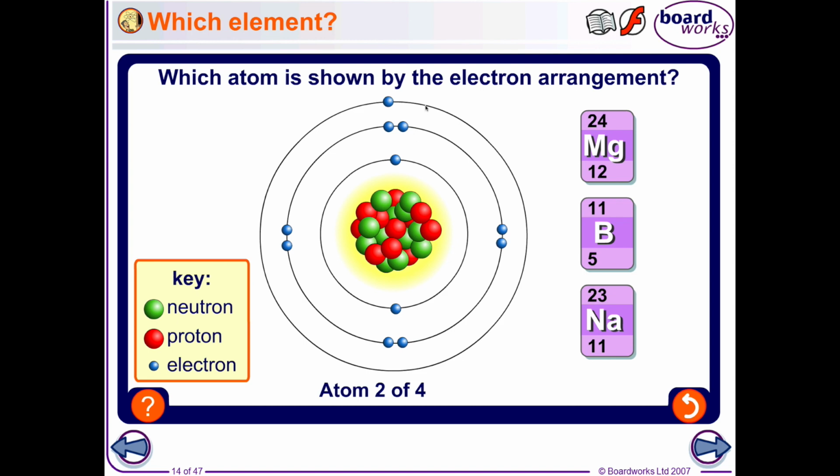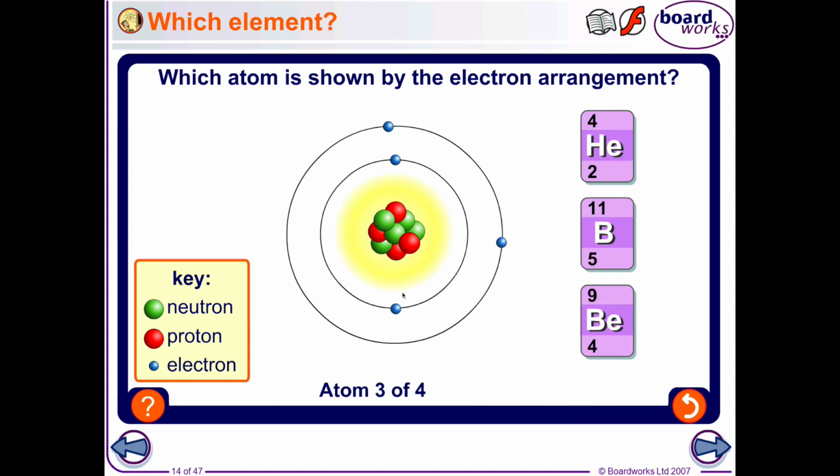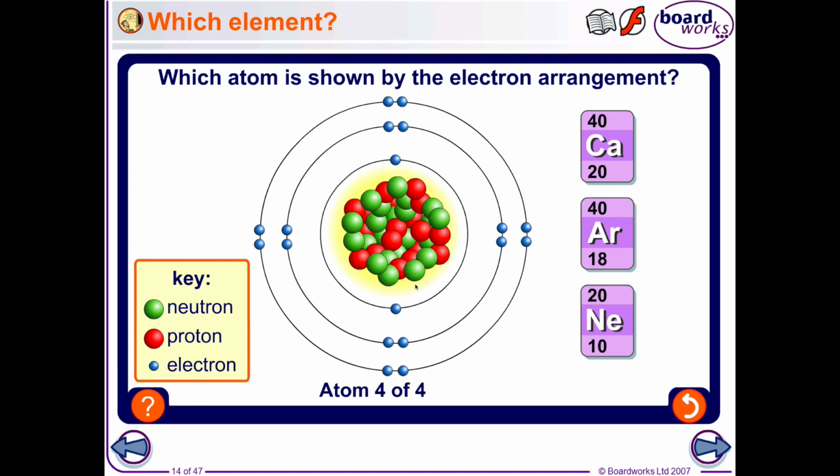And because of that, it's a total of 11 electrons, therefore it must be sodium. And then this one, 2 in the first and 2 in the second, must be beryllium, that gives me a total of 4. And then if we look at the final one, 2 in the first, then 8, then a further 8, all added together gives me 18 electrons, therefore it must be argon.